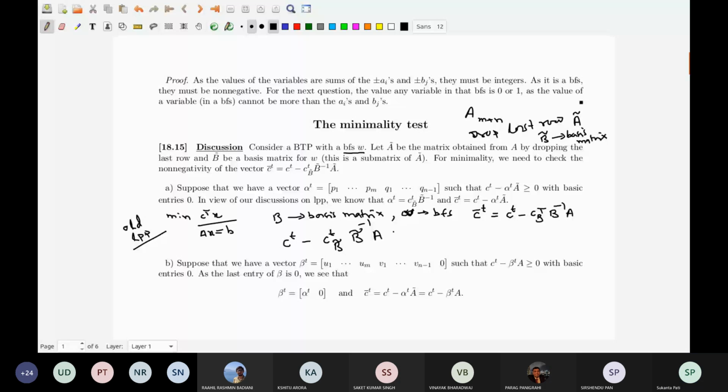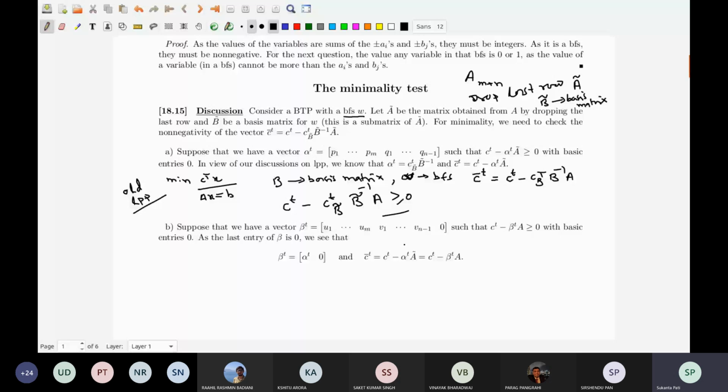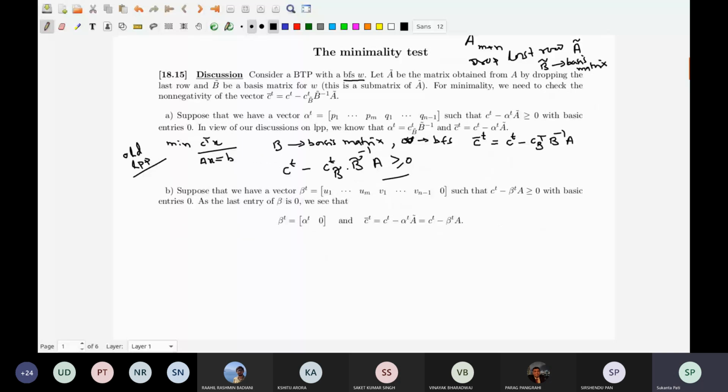Now suppose that instead of computing CB tilde transpose and B tilde inverse for A tilde, I somehow found a vector alpha such that alpha transpose A tilde has basic entries 0.